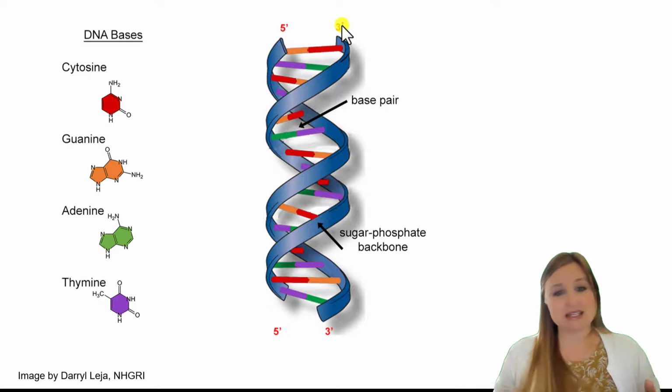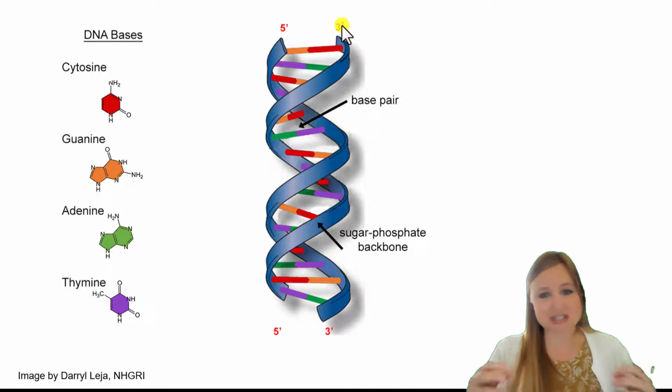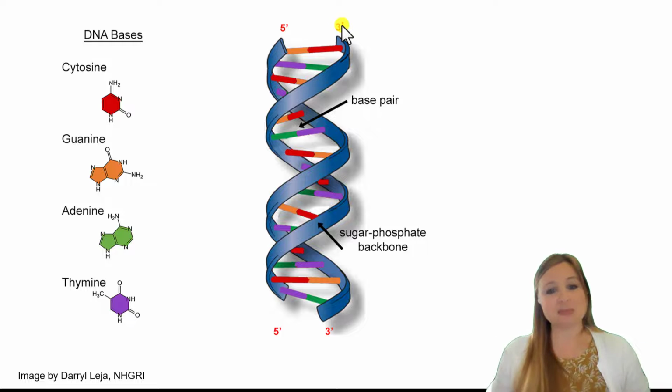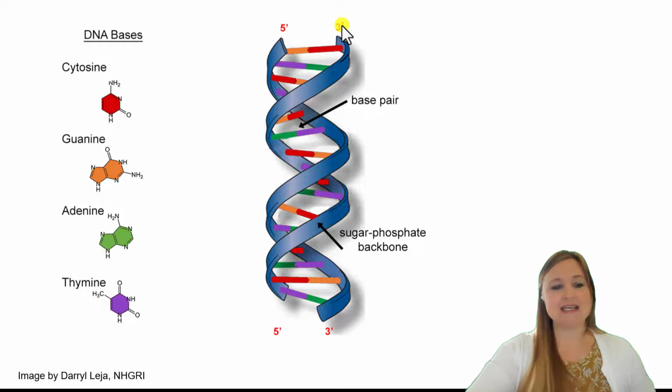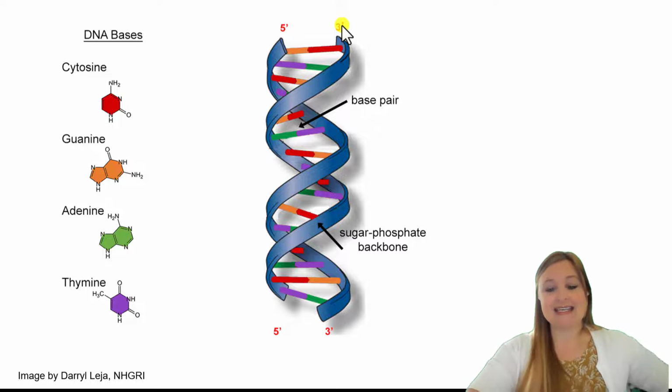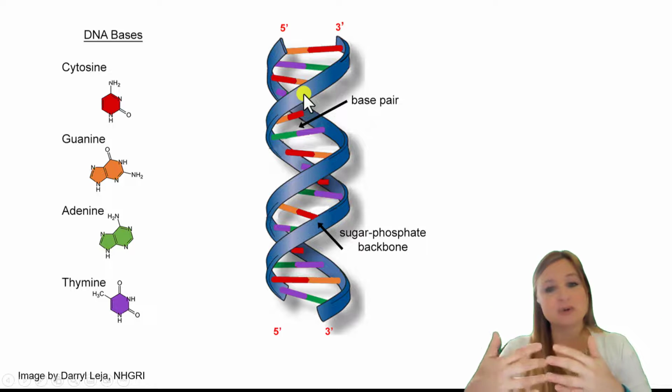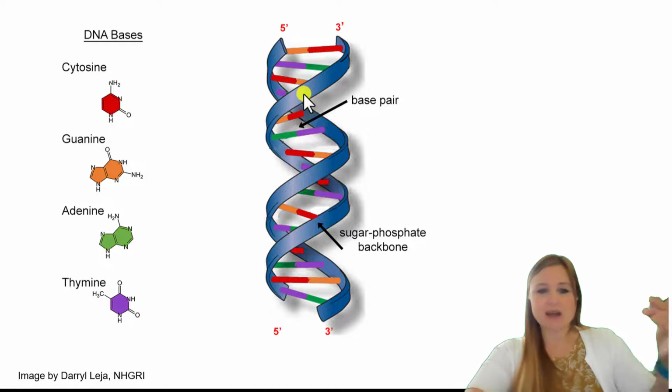And there are 4 different bases. They can fit into the center and form what we call base pairs, right? Cytosine, guanine, adenine, and thymine. Those are the 4 different nitrogenous bases that are going to stick into the middle of the DNA molecule and form those base pairs. One of them is on one strand, right?